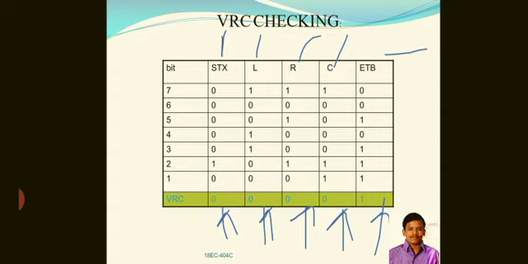At the receiver, we do the same procedure, including the extra bits. If we get all zeros, then we assume there is no error in the transmitted data. So this is the VRC method example.